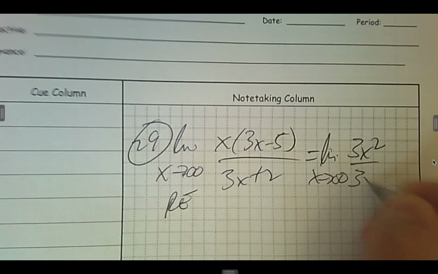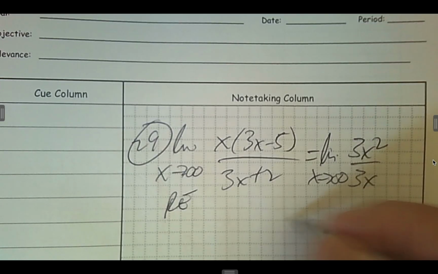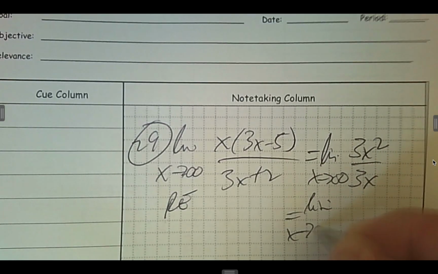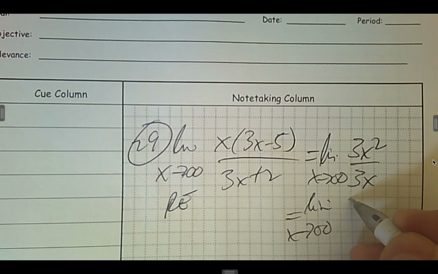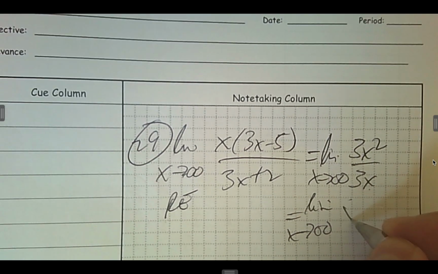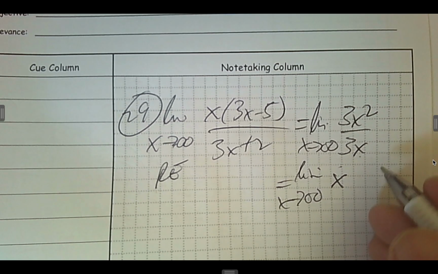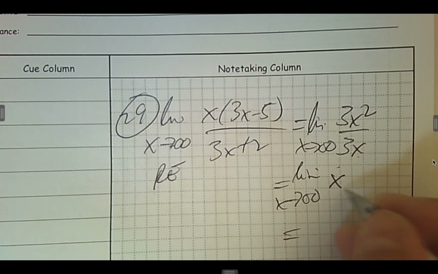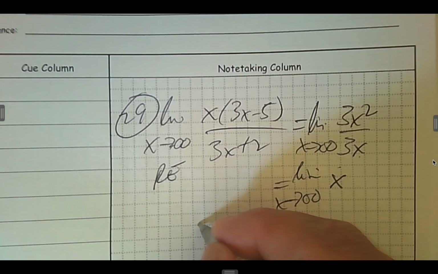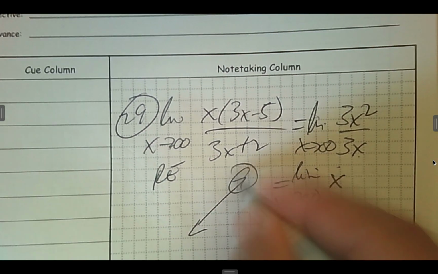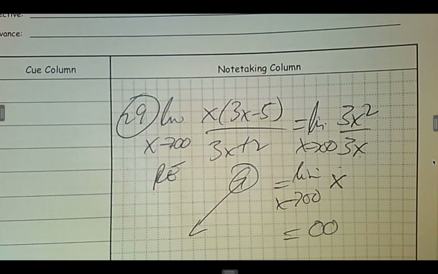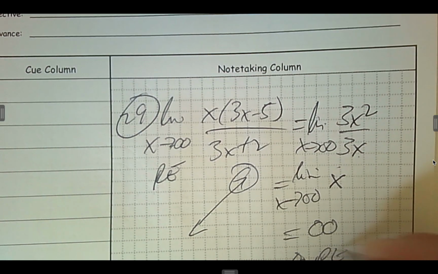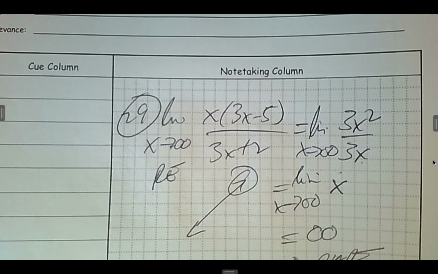On the bottom is 3x. Notice that it simplifies. The 3s simplify. And x squared over x is just x. So what's the right end behavior for x? x is a line with a positive slope. So where's the right end going? And the answer is infinity. You could also say the answer here does not exist. Both would be correct.